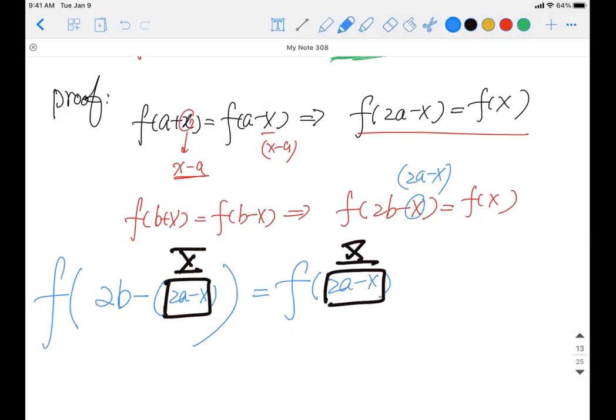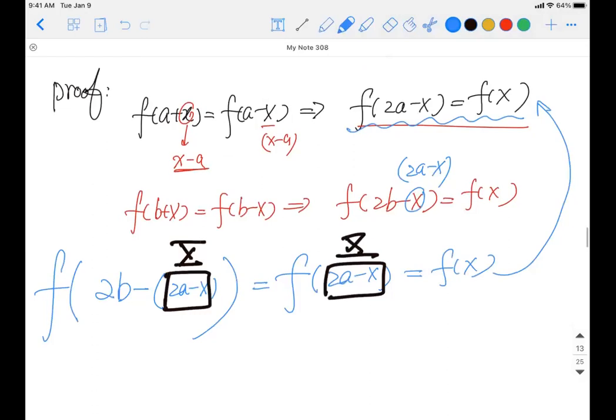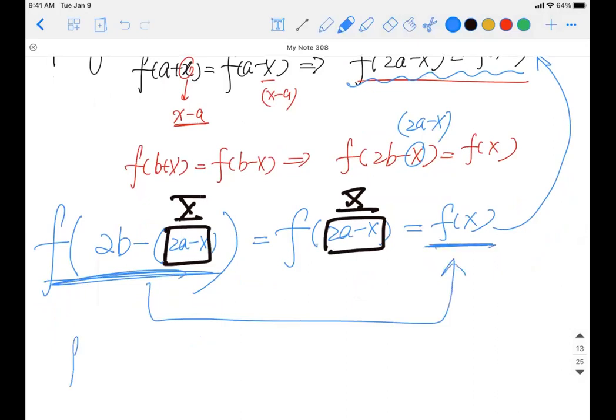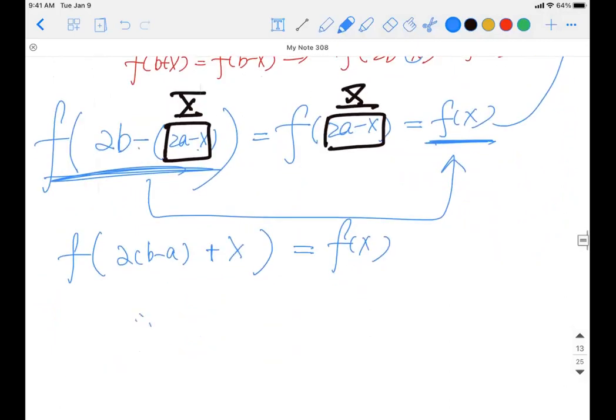However, your f(2a−x) just equals f(x). So therefore, check it out: here equals here. f(2b−2a+x), because minus minus is plus, equals f(x). So therefore, the period will be 2(b−a).